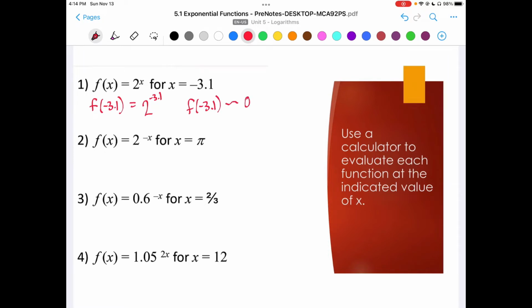Now it's not equals because we actually did round it. Some people may say it's semantics, but it is important to distinguish that f of negative 3.1 does not equal 0.117, it is just approximately. So we'll do the same for our next one.